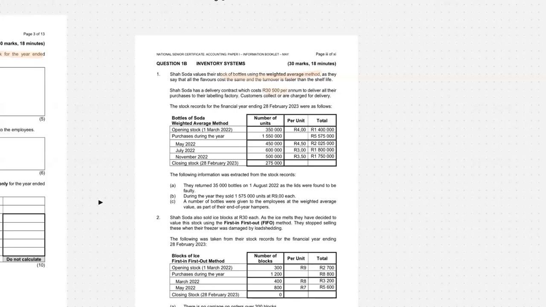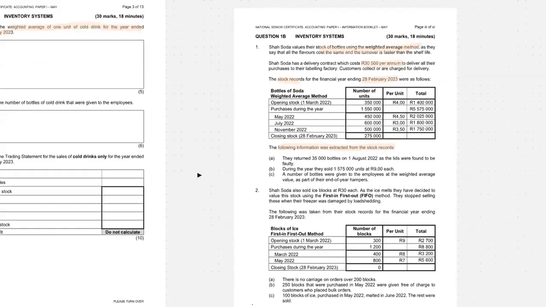Customers collect or are charged for delivery. The stock records for the financial year ending 28th February 2023 are as follows, and then the following information was extracted from the stock records.